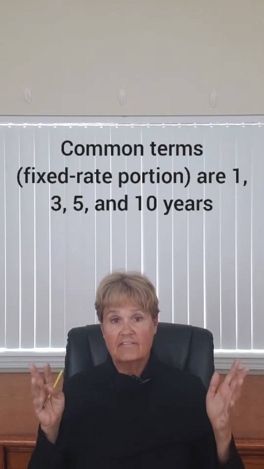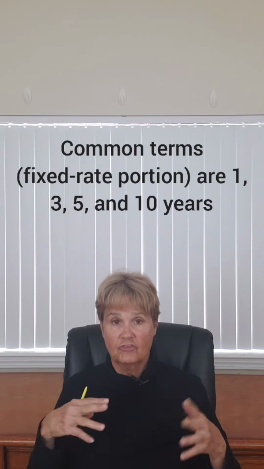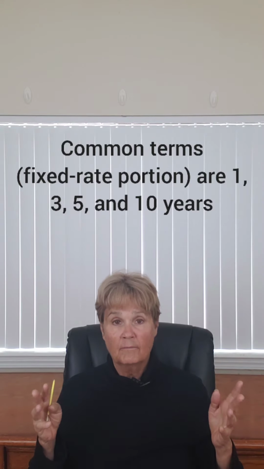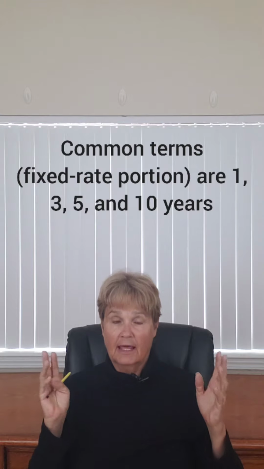So common terms are 1, 3, 5, and 10 years. You may also see a 7-year ARM, but those are the most common. Again, that will be the fixed period.